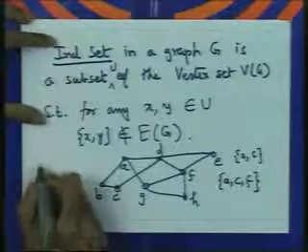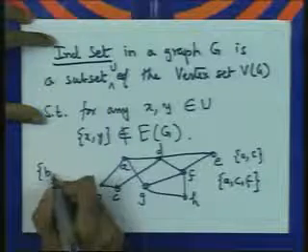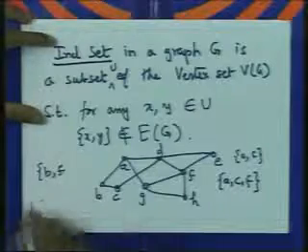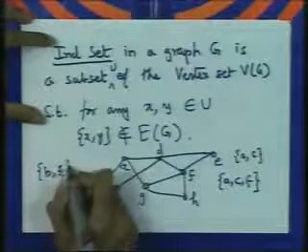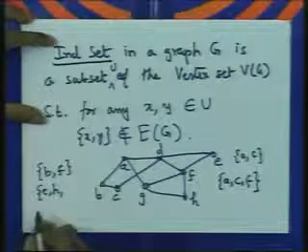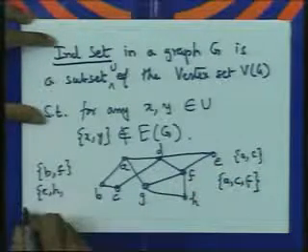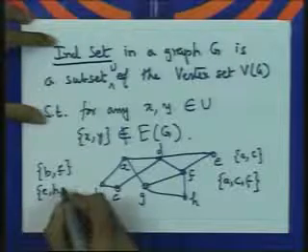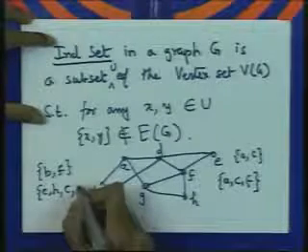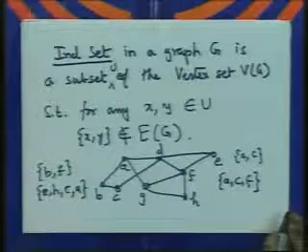Similarly, let me put one more: B and F. If I have B and F, this is an independent set. I could have E, H, then C and A. This is an independent set: E, H, C, and A. So that's another independent set.